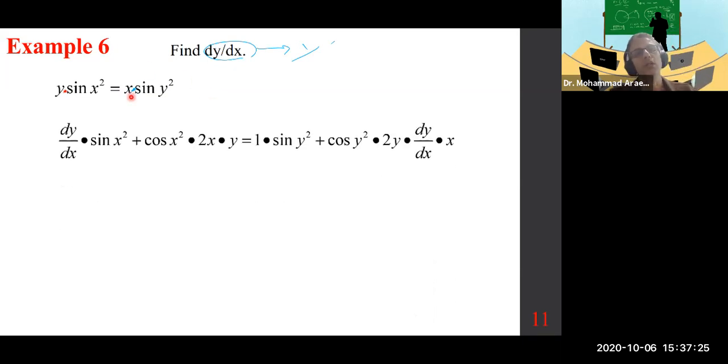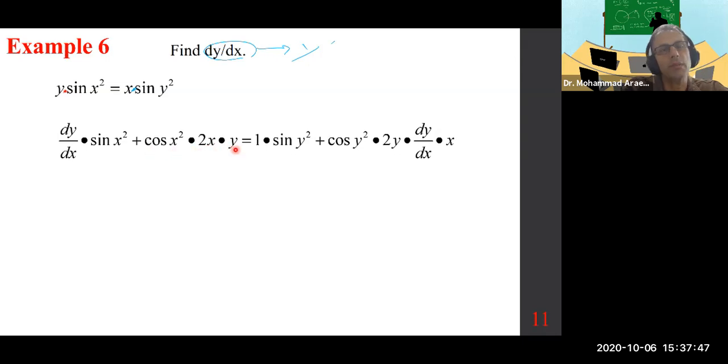So notice what we get. Let's go over it one more time. y gives you dy dx times sine x squared. Sine x squared gives you cosine x squared times 2x. You're multiplying it by y by the product rule.